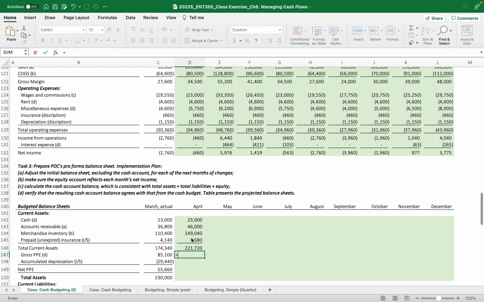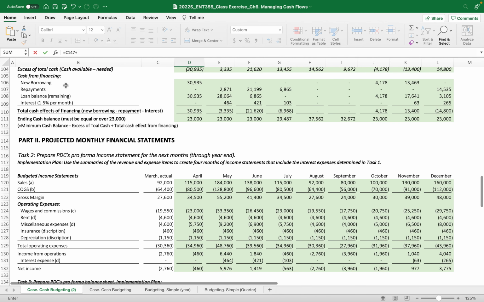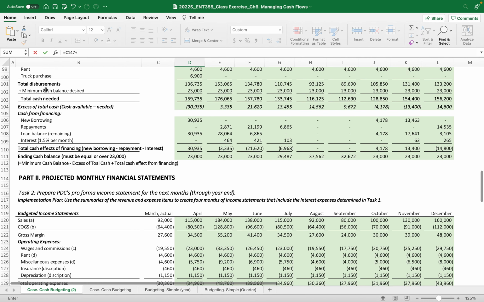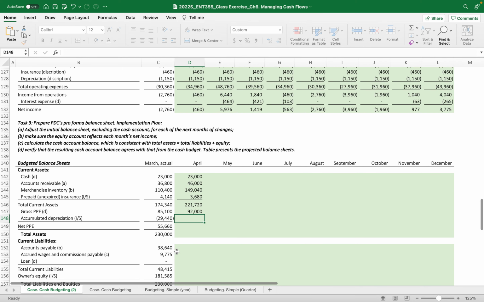And then total current assets is those summed up. And then gross PP&E is 85,100. Then we remember that the company purchased, from schedule D, this capital expenditure of the truck, right? And then it should be added. And then the accumulated depreciation of each month should be increased by the depreciation on the income statement, right?